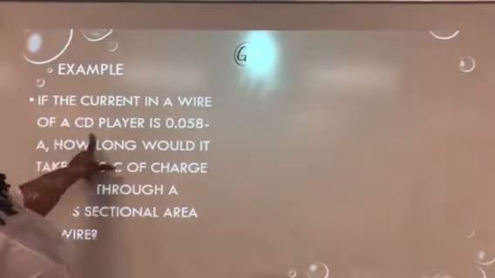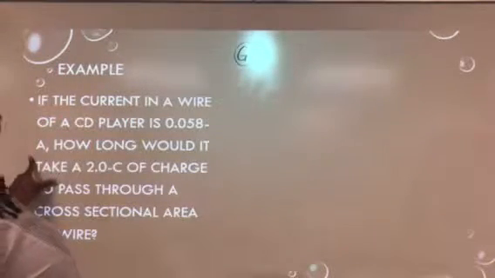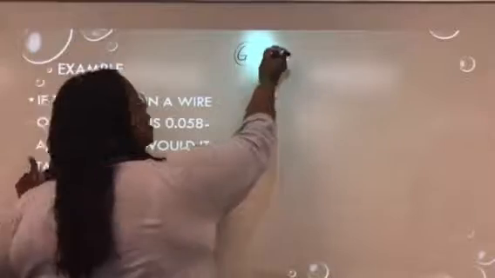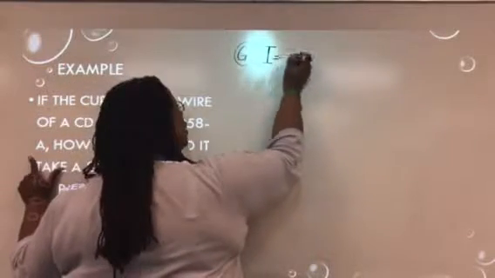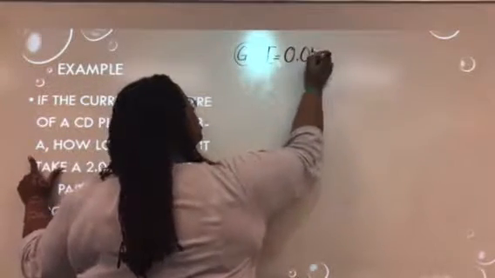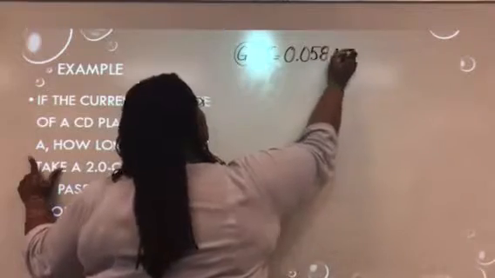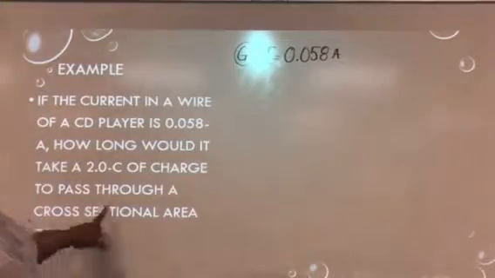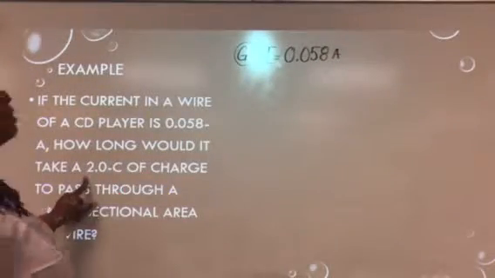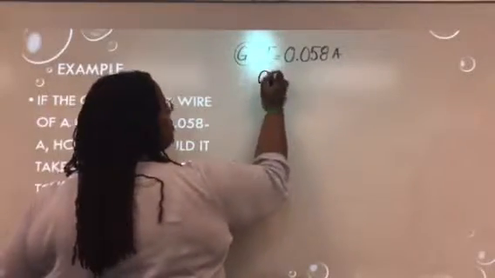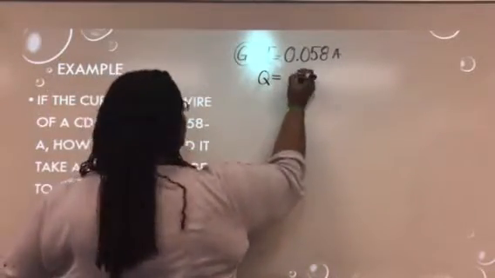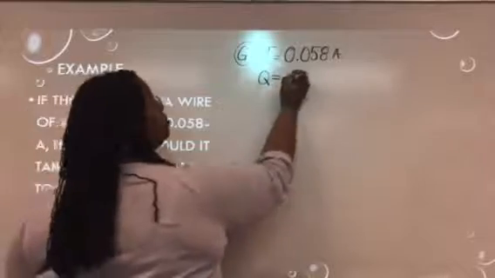They told us that we have a CD player that has amperage of 0.058. So I equals current. And it also has a charge of 2.0. So that would be the letter Q. And Q is going to equal 2 Coulombs.